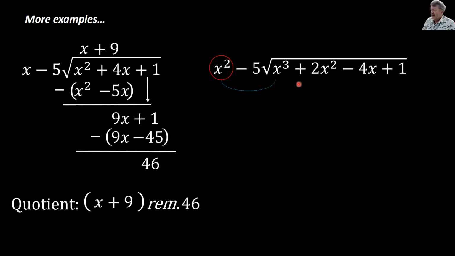x squared into x cubed. x cubed divided by x squared leaves us with an x. Then x times the x squared comes down and becomes x cubed. x times the negative 5 is minus 5x, which goes here.